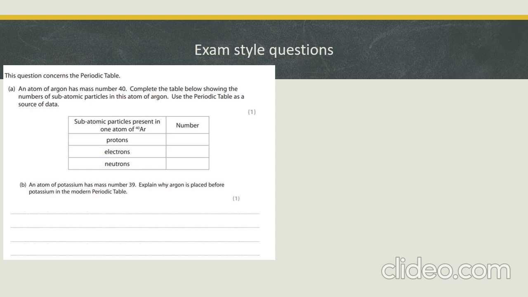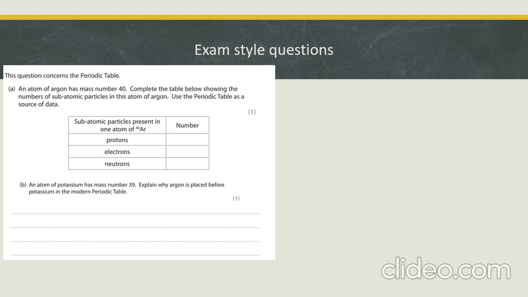Argon has a mass number of 40, and it has an atomic number. If you look at the periodic table, where's argon? Argon is in group 8, period 3.